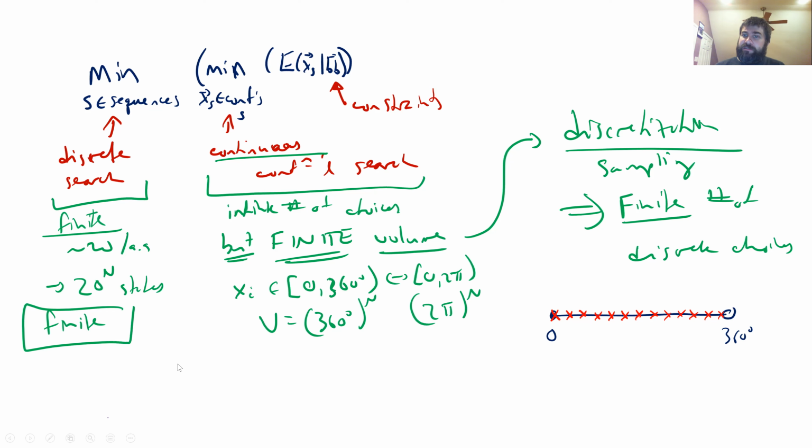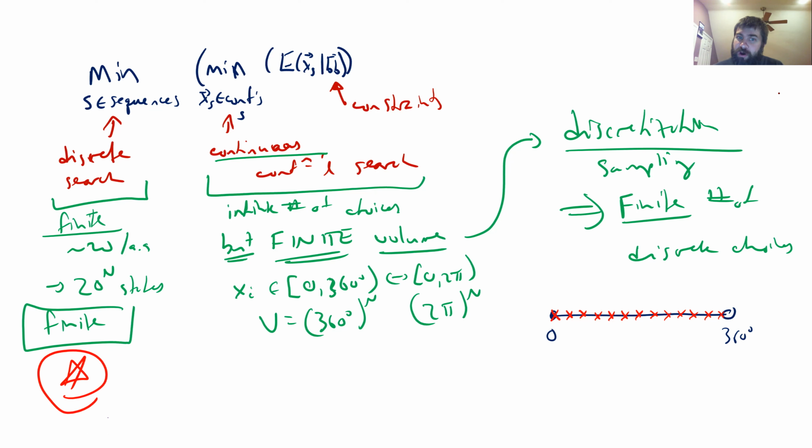Why is this particularly nice? Well, the discrete portion of our search involves a finite number of discrete choices.